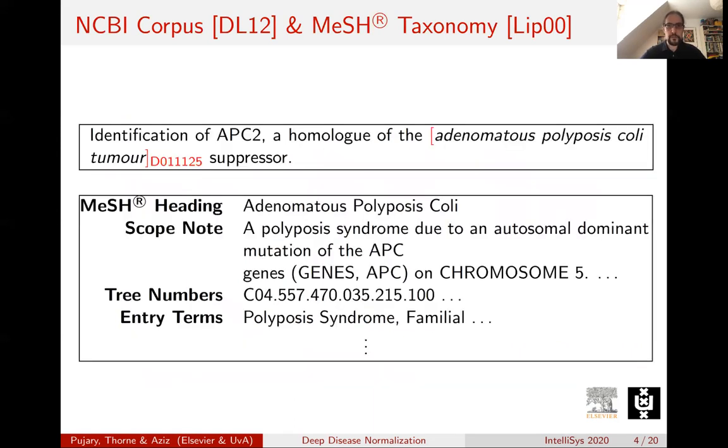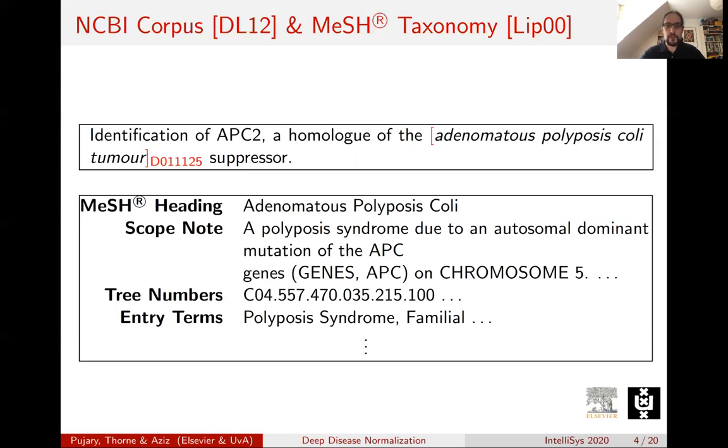An example here of the NCBI Corpus. So here you see an annotation of adenomatous polyposis coli, a kind of cancer. It has been identified and it has been normalized to the identifier of the entry below, corresponding to ID D011125, where you can see the canonical name, the scope note, so a gloss or definition of the disease, entry terms, so synonyms for this canonical name.